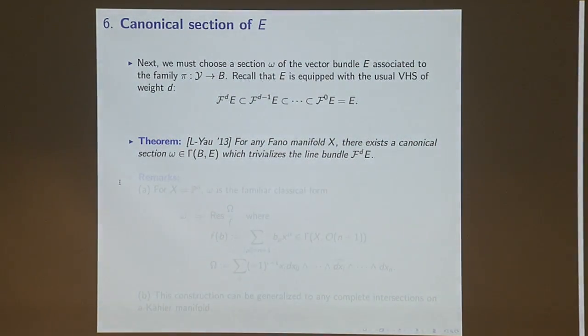It turns out that for any Fano manifold, there exists a canonical section of the bundle E which trivializes the first term of the filtration.